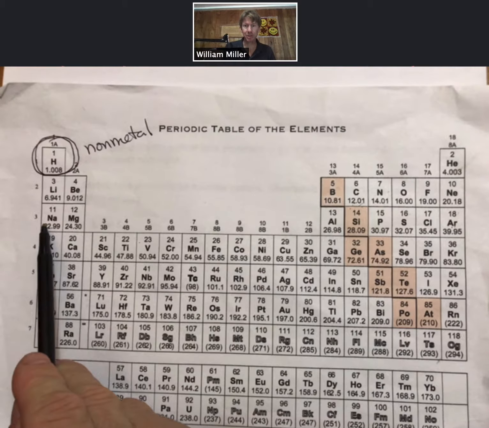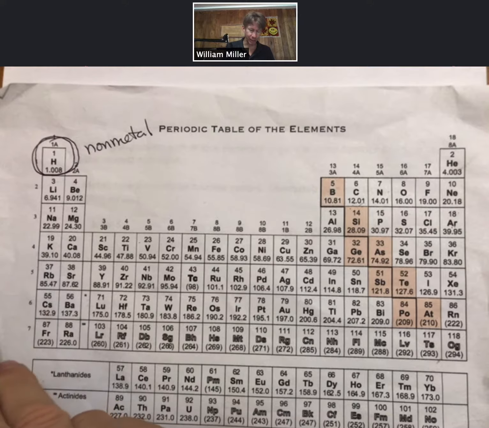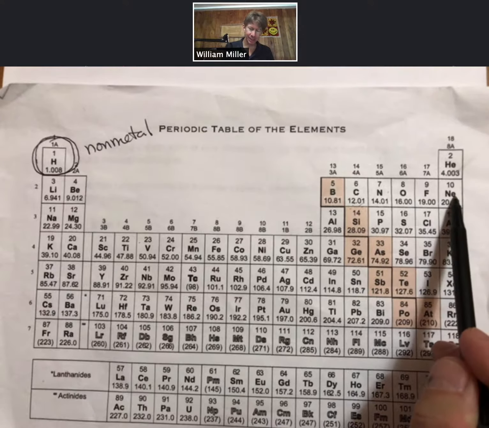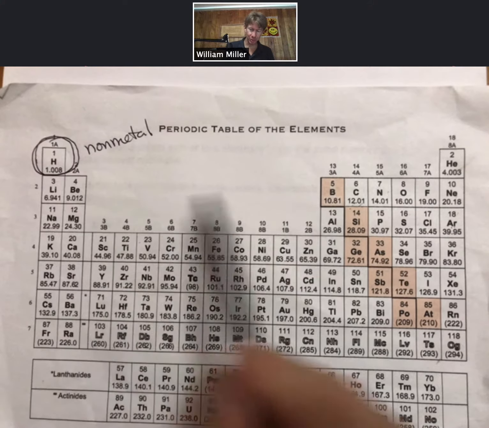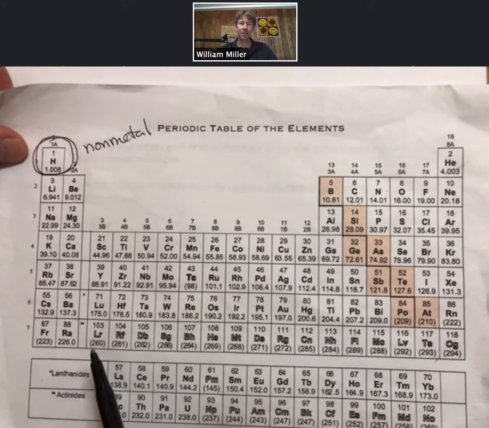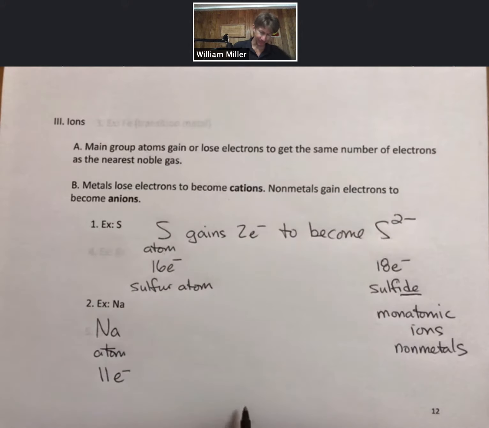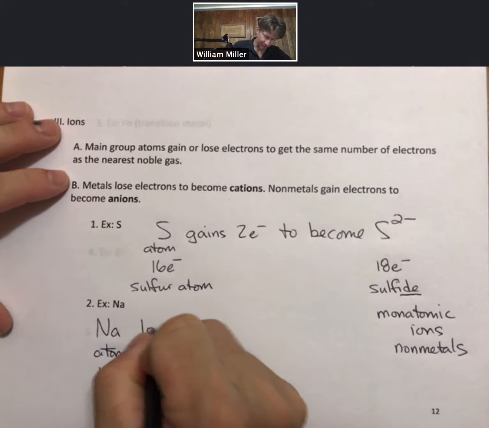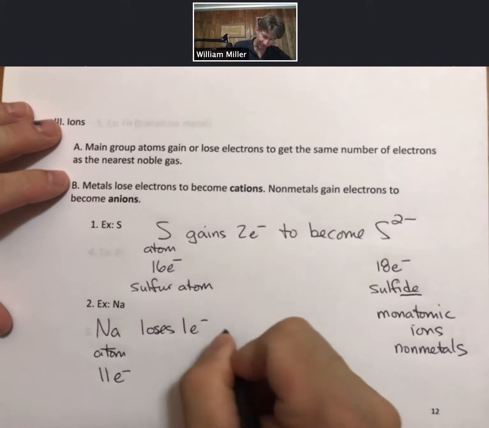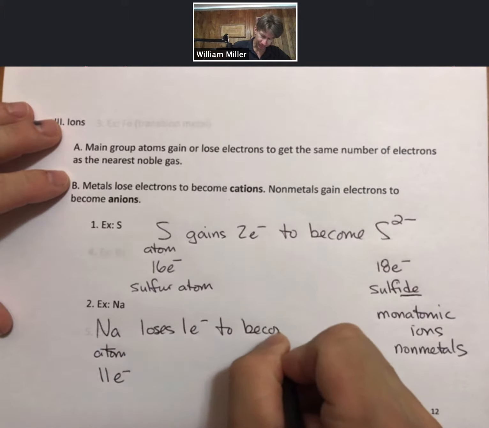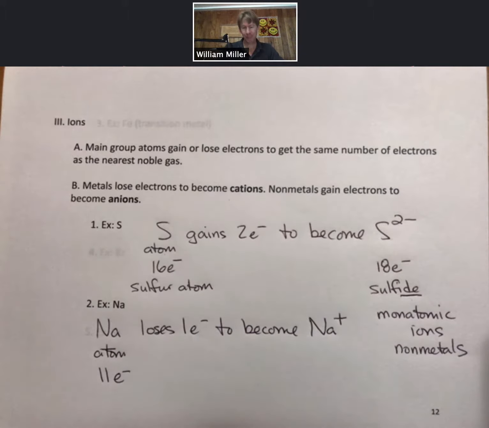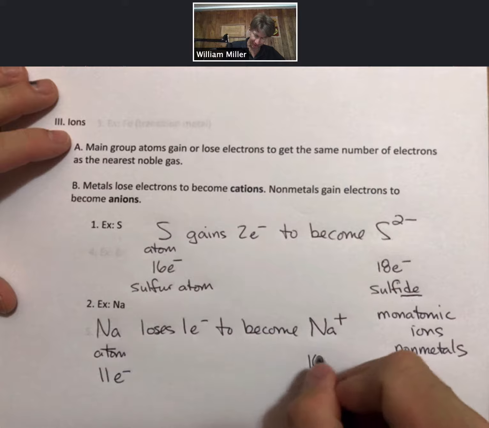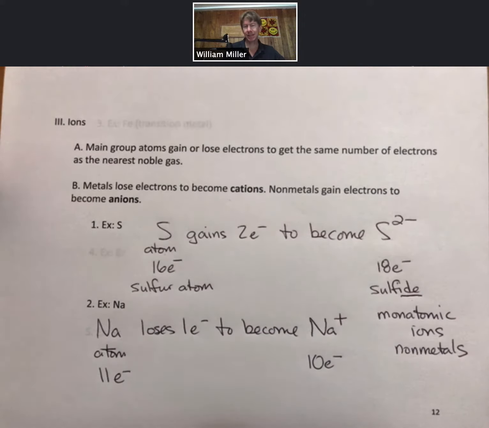Its closest noble gas is actually one element behind it, Ne, neon. Sodium atom has 11 electrons. It must lose 1 electron to have the same electrons as neon. So sodium loses 1 electron to become sodium plus. Now it has 10 electrons, which is the same number as neon.